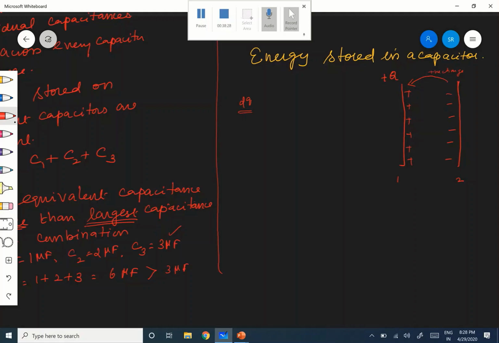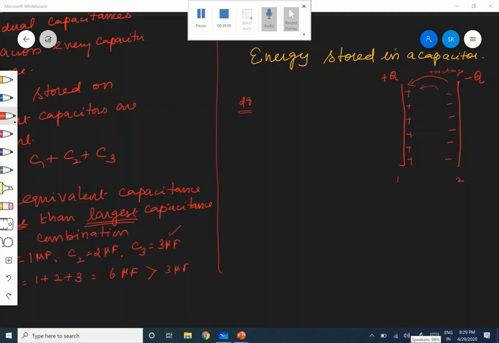I want the first plate to become plus Q and the second plate minus Q. Till then I am taking the charge from the second plate and depositing it on the first plate. But all of a sudden it will not become plus Q or minus Q; it happens in small installments of dq.